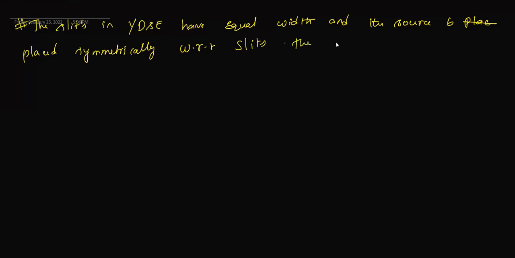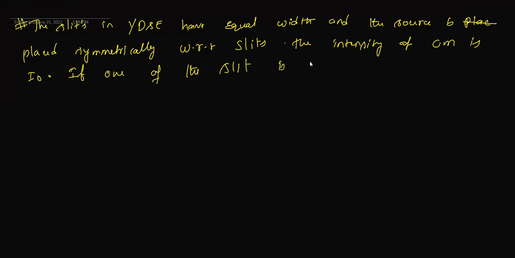The intensity at the central maximum is I naught. If one of the slits is closed, the intensity at this point will be how much? We have to find out.